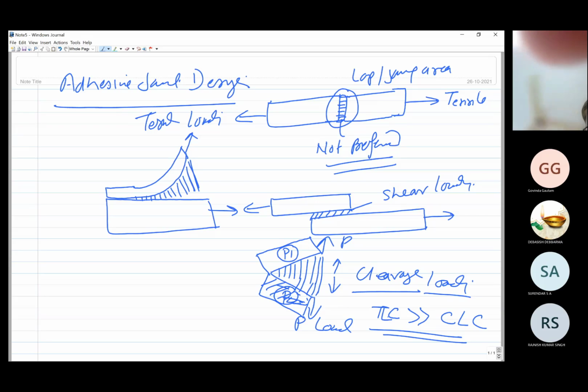When the adhesive joint is subjected to this, again it's an opening kind only, but this is more severe in terms of the loading. So the peel loading again tends to open up the joint, and the peel load carrying capacity is just a fraction of the tensile load carrying capacity.